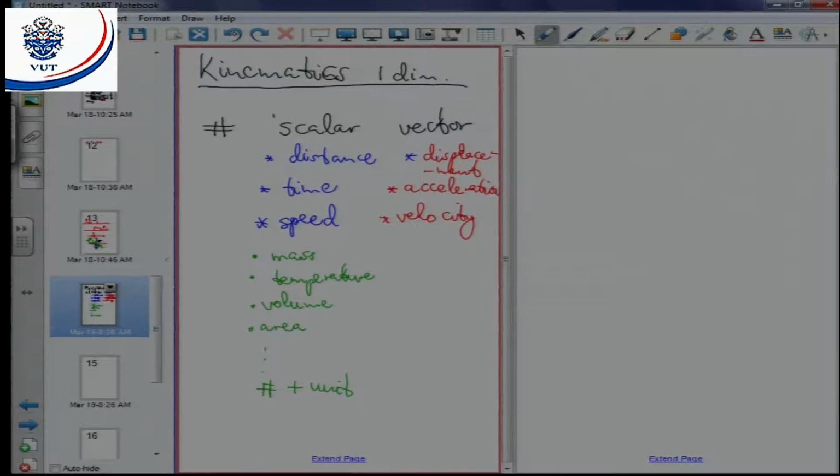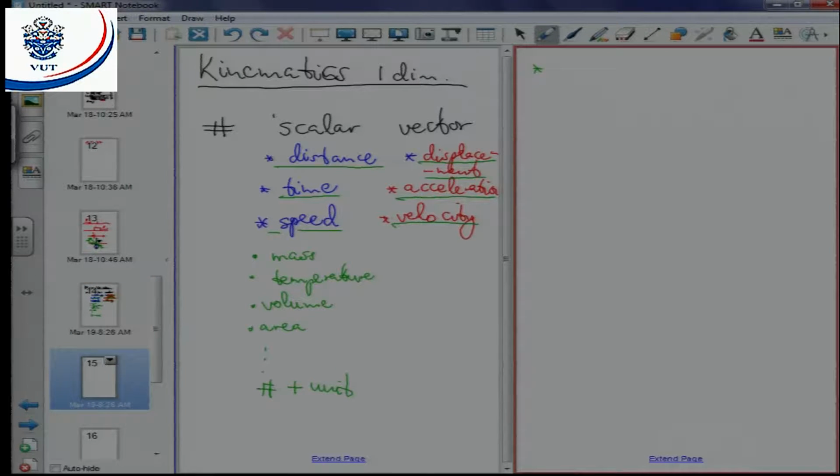Okay, so let's stop there. So for today we are interested in studying distance, time, speed, displacement, acceleration, and velocity. Okay, so let's start with distance.